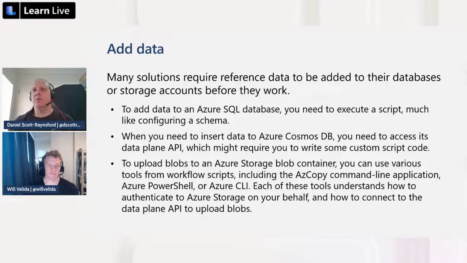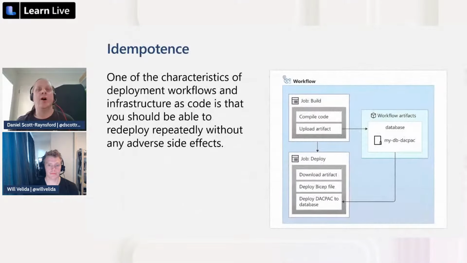So I'm going to quickly mention idempotence. Say we've got a workflow that's going to deploy the schema of our database into our SQL database as part of the test stage, and it's also going to put some reference data into that database. If our test environment persists between runs, perhaps because it takes a little while to deploy that test environment, we don't want our test data to build up.